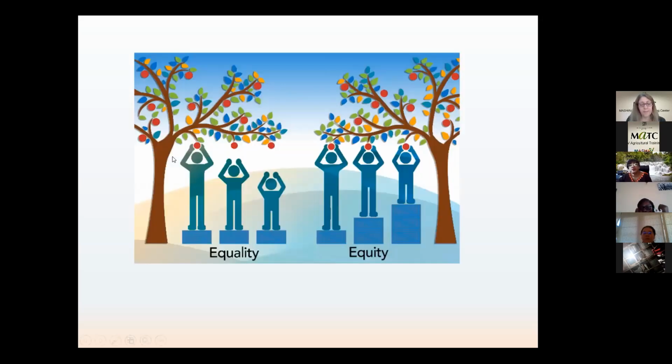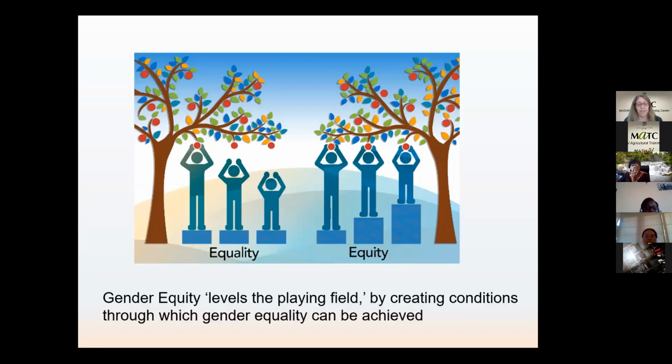Gender equity may include equal treatment, or it may consist of treatment that is different but equivalent in terms of rights, benefits, obligations, and opportunities. Essentially, gender equity levels the playing field by creating circumstances through which gender equality can be achieved.